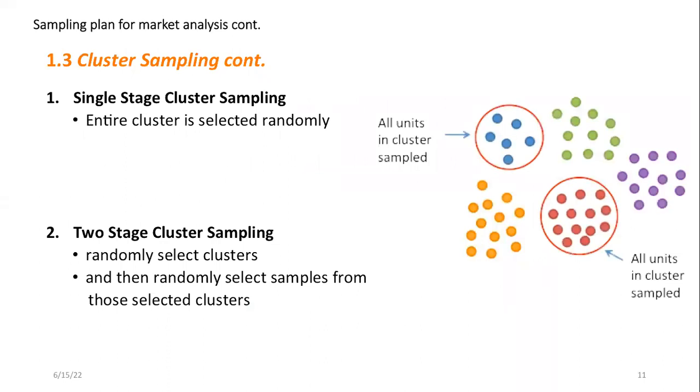Then cluster sampling method. Right here there are two methods: single stage cluster and two stage cluster sampling. In cluster sampling, the entire cluster is selected randomly. So there are different clusters, and we are going to select the entire cluster.